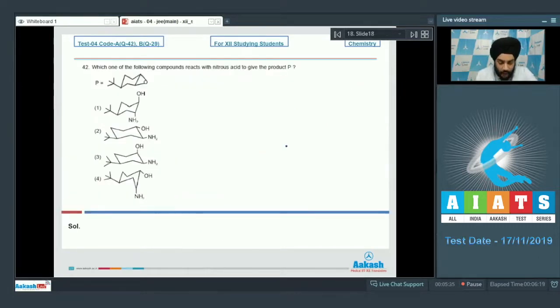Okay. Question number 42. Which one of the following compounds reacts with nitrous acid to give the product B? Okay. So if we start with the first option, students, we have been given the structure. Okay.